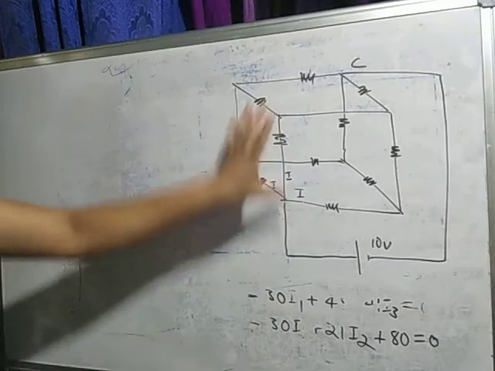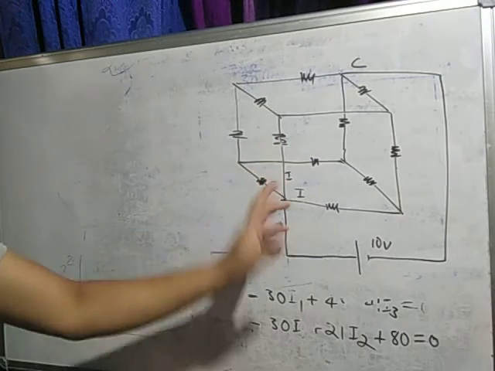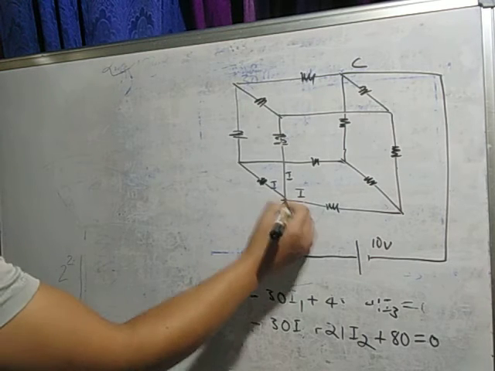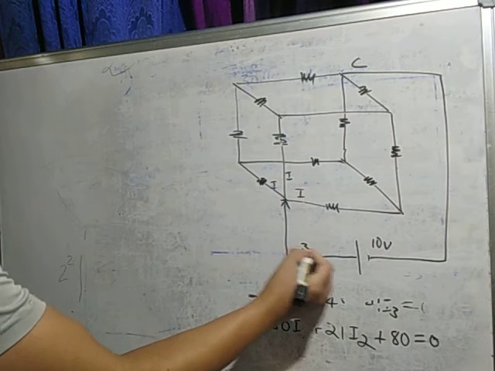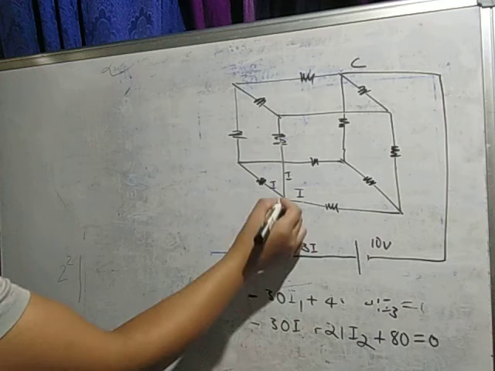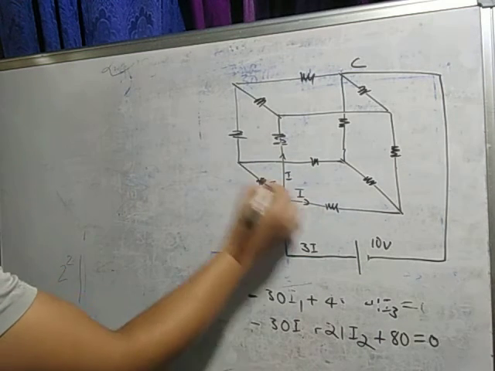They are symmetric, with equal resistance. All have equal resistance, so equal current will go. So we draw 3 ampere, sorry, 3I. Okay, so 3I is coming, and it goes with I in every direction.